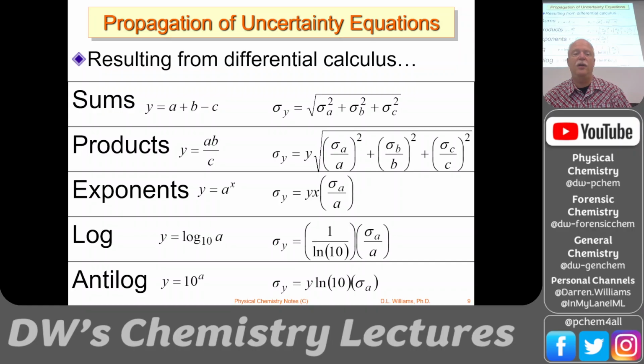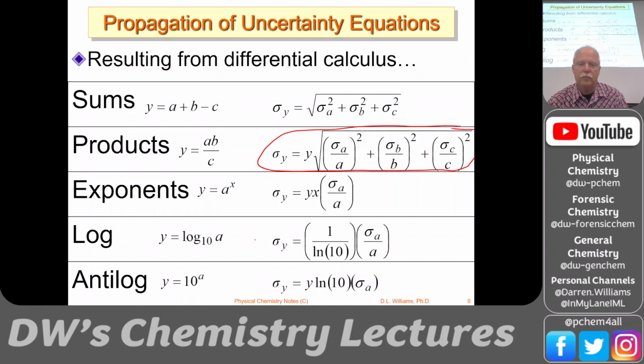So you've got to figure out, is it a log or an anti-log that we're doing? No, it's not. Is it an exponent? We're not doing anything squared or cubed, or a square root, which is a 1/2 power. Okay. So it's not that. So it's sum or product. It's y equals mx, m times x. So it's a product. Okay, so we're using the second row here. And this is the uncertainty equation that we need to use right here.